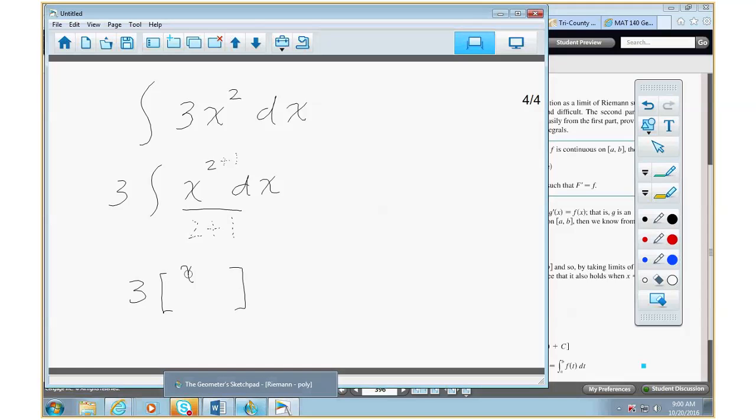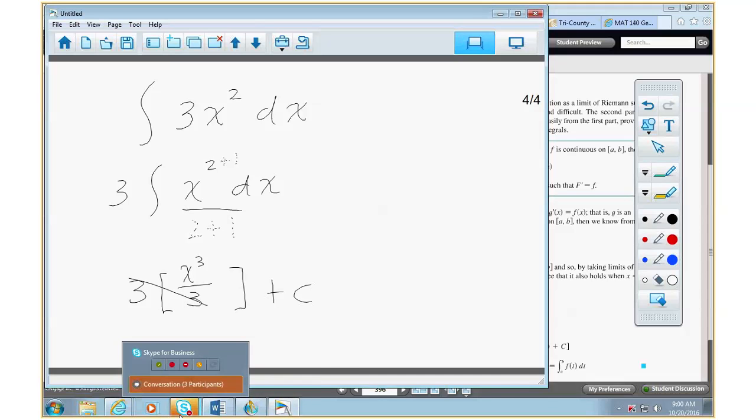X to the third over 3 plus c. And what happens to the 3's? So the antiderivative of 3x squared is x cubed plus c.